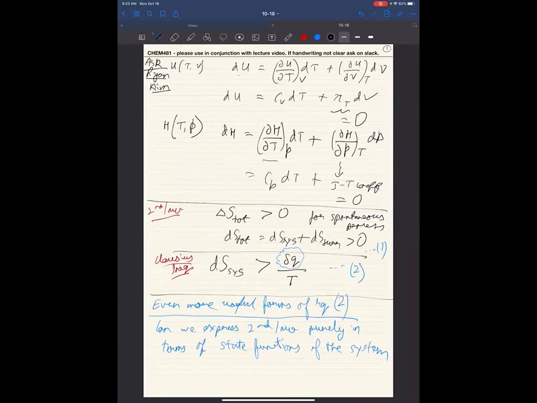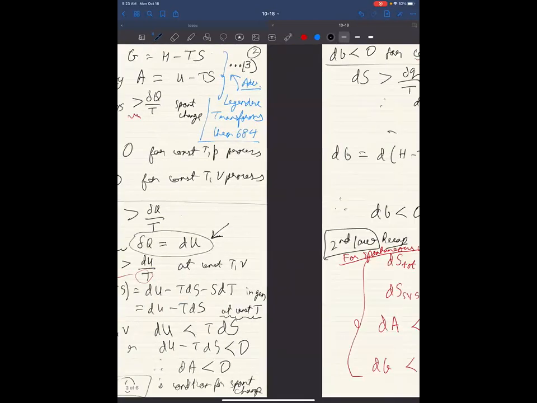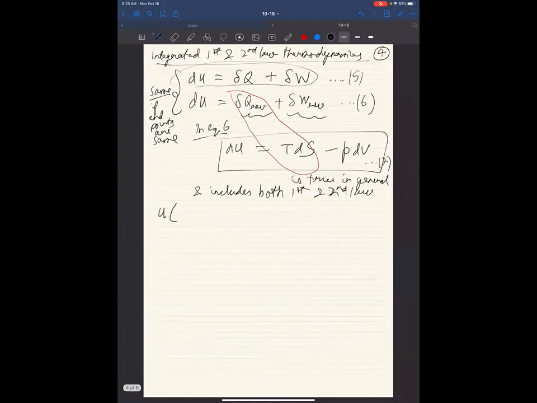In this case, what was U a function of? Temperature and volume, right? Because you have dT and dV, so U is a function of temperature and volume. For enthalpy, you have T and P, so enthalpy is a function of temperature and pressure. So in this case, what is U a function of? S and V.